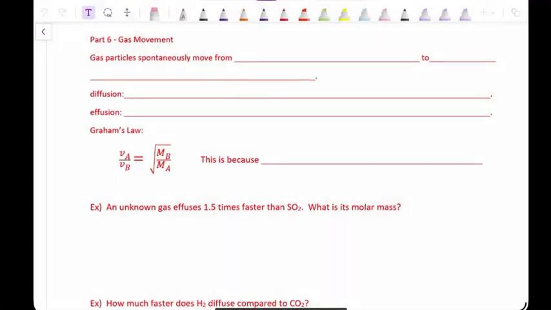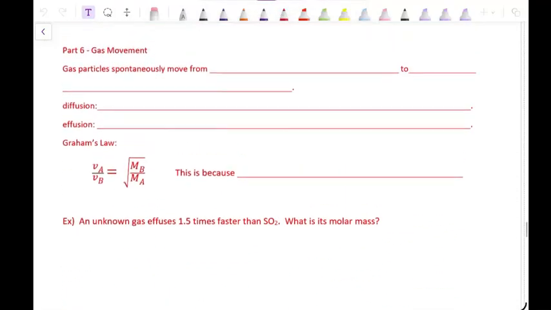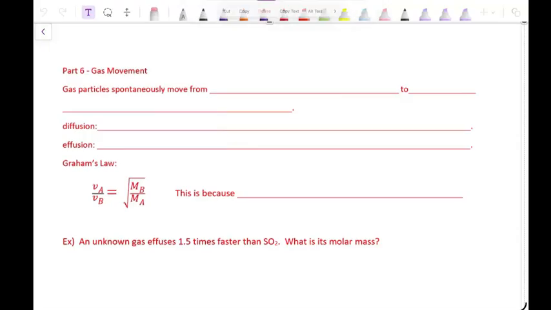So we can say that gas particles spontaneously, and again, that means on their own, move from areas of high concentration to areas of low concentration.